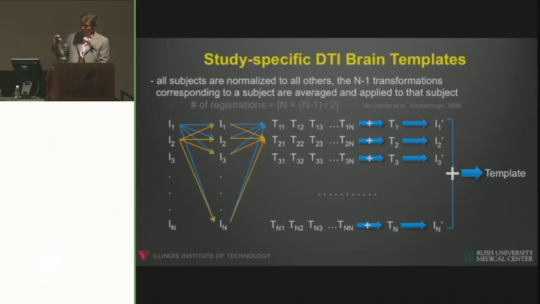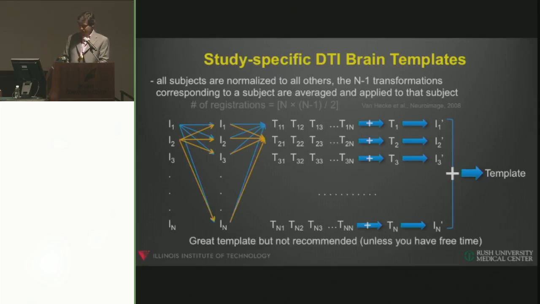And also whatever is below the diagonal is the inverse of whatever is above the diagonal. So the only transformations you need to calculate are really on the top side of the matrix or the bottom of this matrix. So it's still maybe not n times n registrations, but n times n minus 1 divided by 2 is a large number of registrations, so it takes a long time.